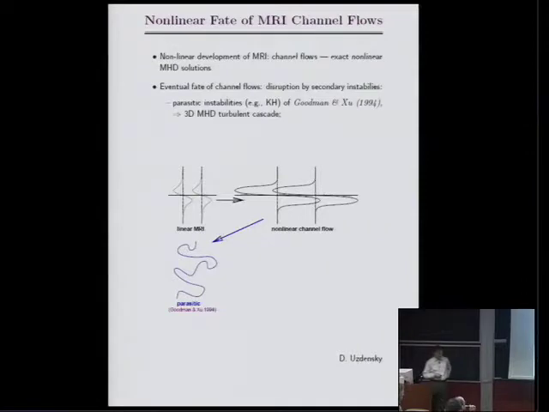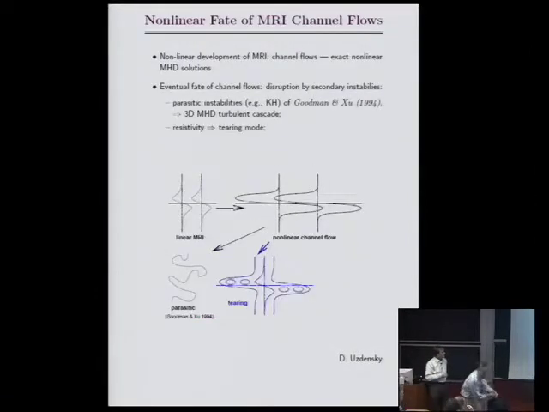In principle, another form of secondary instability, in the case when the resistivity is relatively large, so the global Lundquist number is still larger than 1 but maybe not very large, could be the tearing mode.